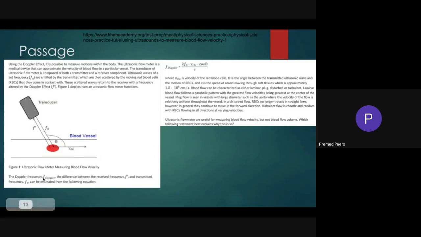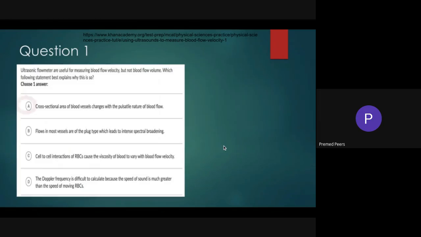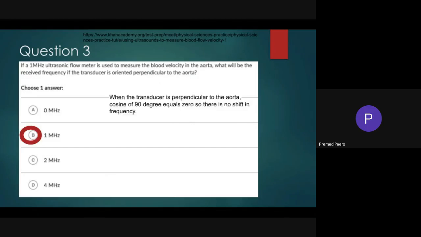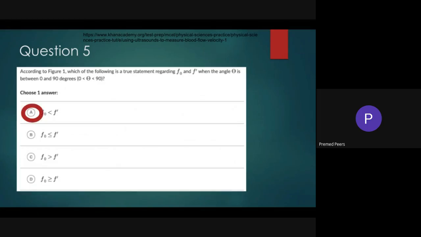And then how is that going to determine your relationship between F prime and F0? So cosine 0 is 1, cosine 90 is 0. So your cosine theta is going to be positive. So your overall F Doppler is going to be positive. So F Doppler equals F prime minus F0. So for their difference to be positive, F prime has to be greater than F0.